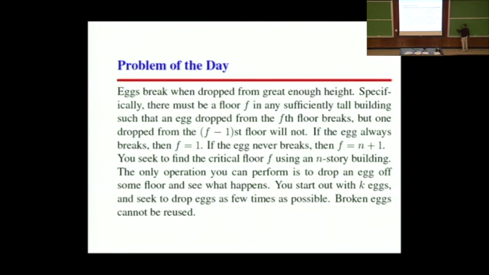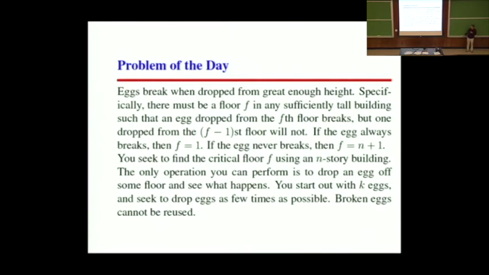The first floor where the egg breaks is the transition between breaking and non-breaking. Does everybody get that? Okay. So it should be clear. Does that answer your question? It should be clear that with one egg, I can determine the strength of eggs. But it requires n tosses. Does everybody see that's the problem?